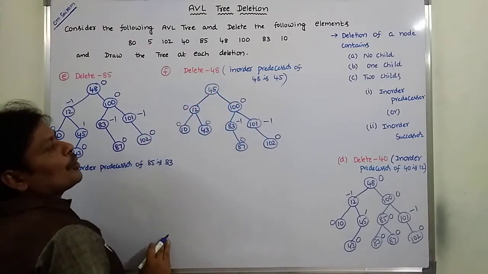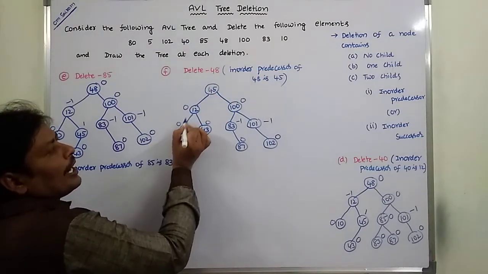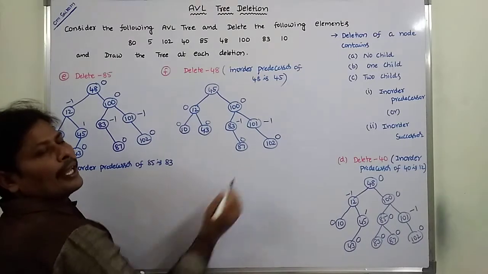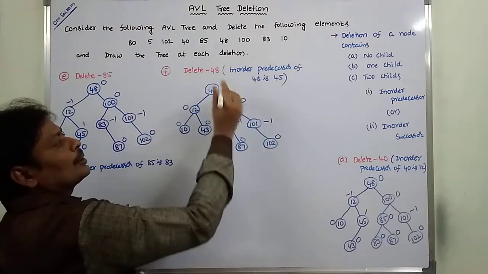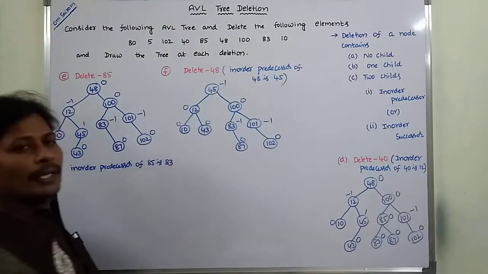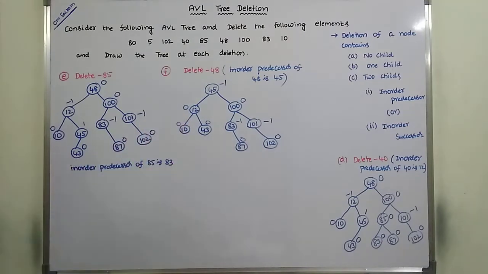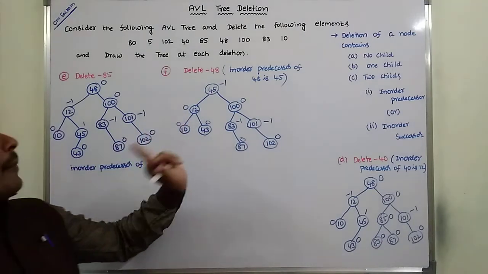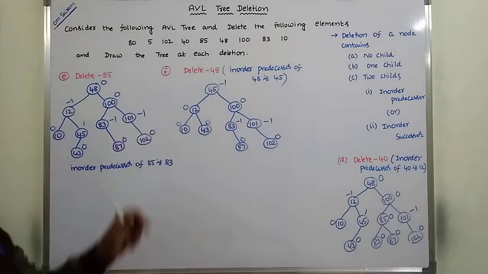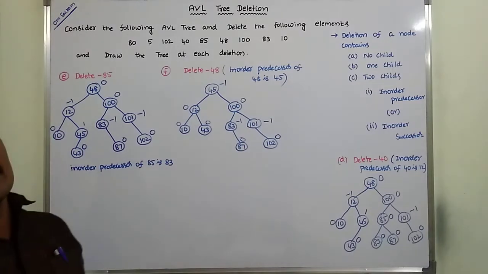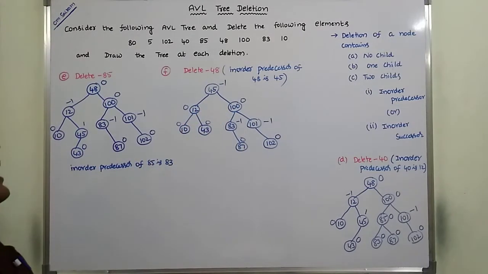Next at root node 45, left subtree height is 3, right subtree height is 3... 2 minus 3, that is -1. All the nodes' balance factors are 0, -1. So these are the valid balance factors. Hence, it is an AVL tree.